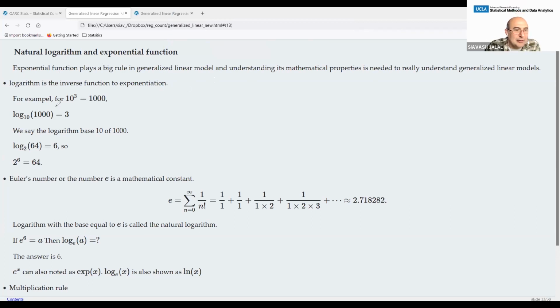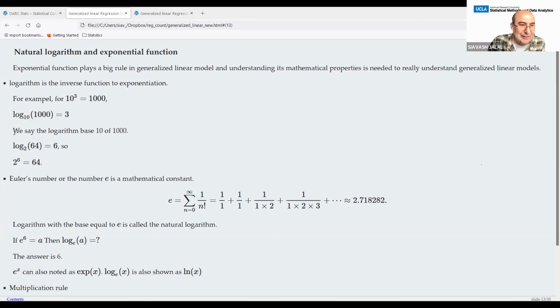So for example, 10 to power 3 equals 1000, then log of 1000 on base 10 is equal to 3, right? So that's how you define the log function. So log is basically the inverse of exponentiate.